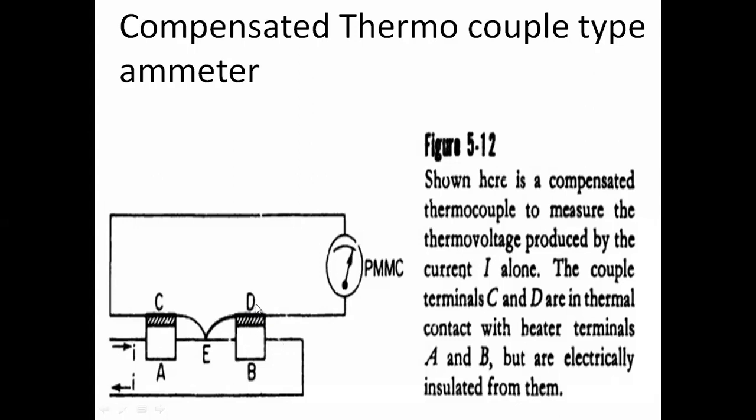That same heat is also applied to this junction here. Due to that, these two voltages will be compensated in this case, and we will get only the voltage which is produced at E. Whatever potentials are generated due to the external temperature will be nullified by joining the C and D points to the actual circuit.